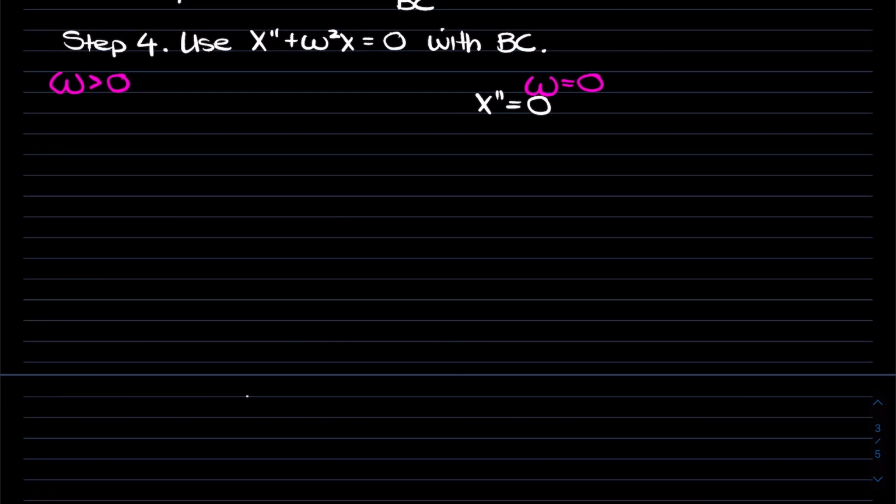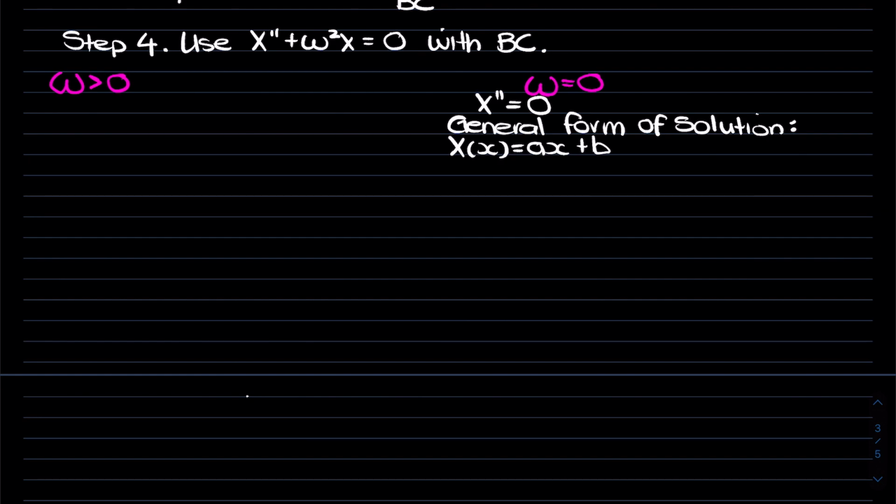And the general form of the solution is big X of little x equals ax plus b, where a and b are some constants.